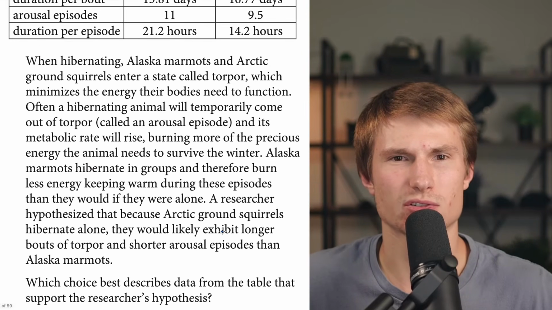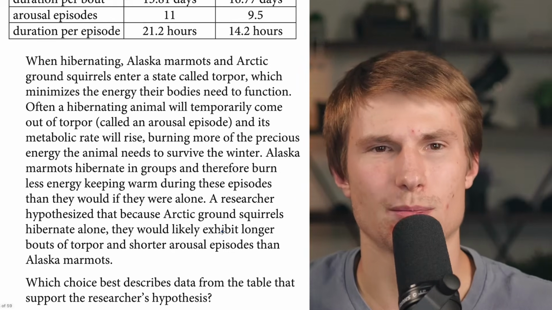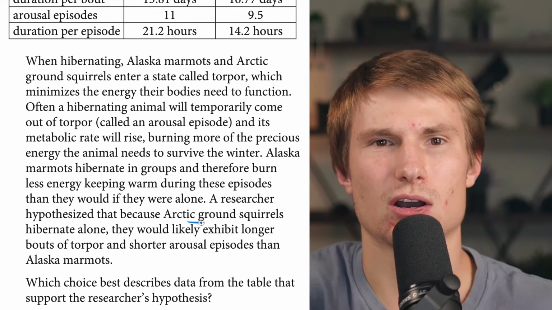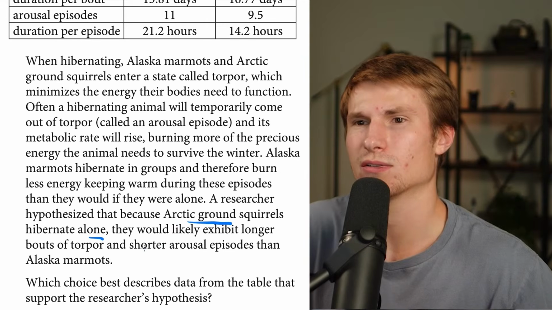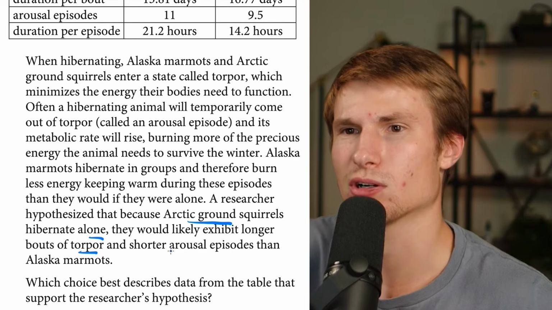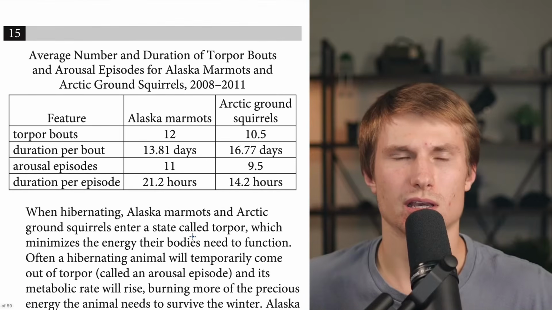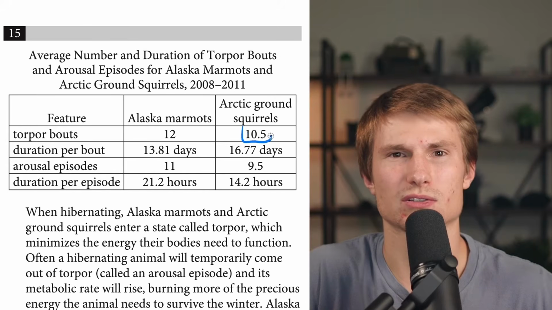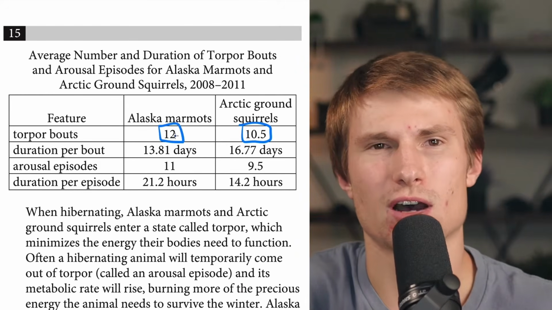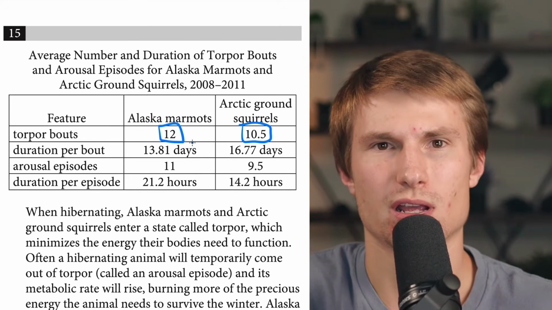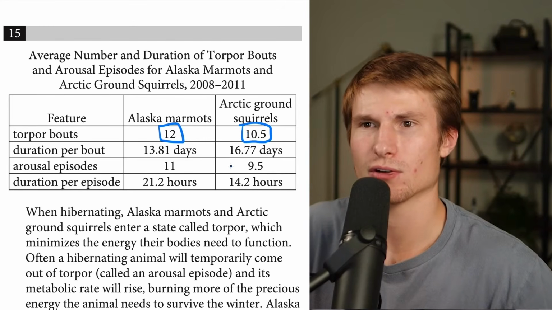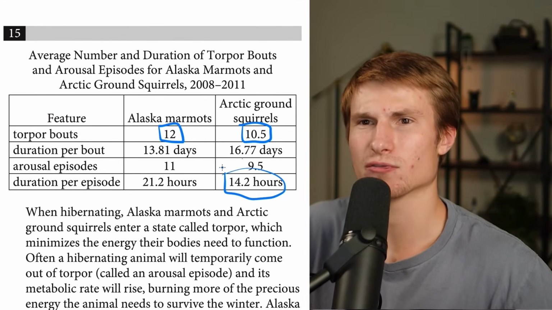Which choice best describes data from the table that supports the researcher's hypothesis? Okay, keep in mind the hypothesis is that Arctic ground squirrels hibernate alone. They would likely exhibit longer bouts of torpor, shorter arousal than marmots. Okay, so we have ground squirrels here. Their torpor bouts are less than marmots, which is the opposite of what we would expect. And then we have arousal episodes. We're talking about, I believe, duration and not frequency.